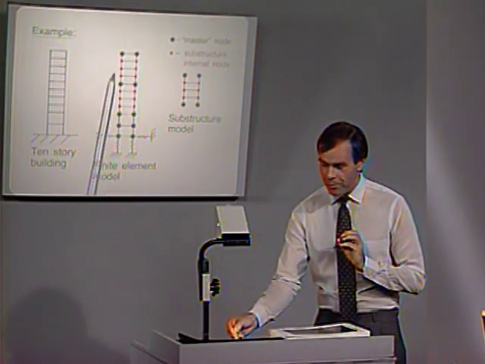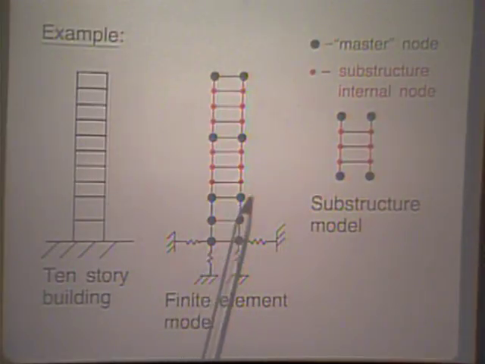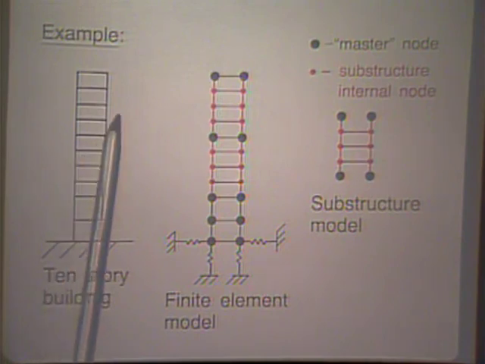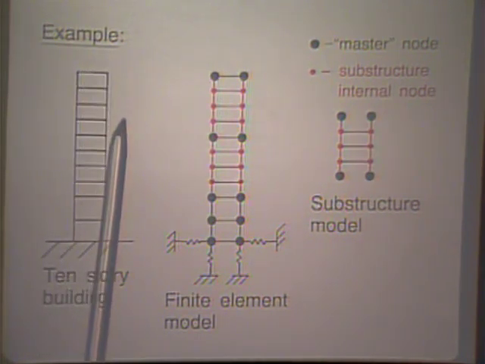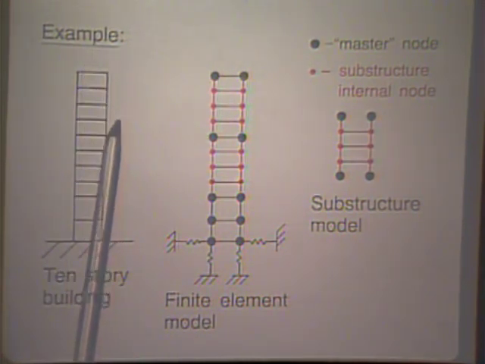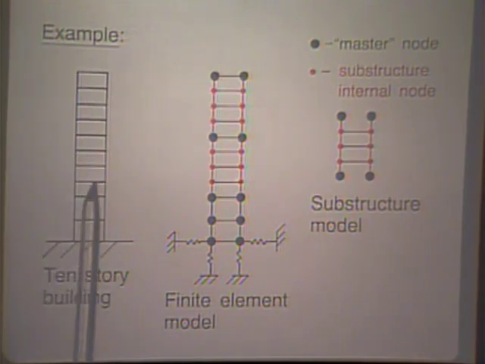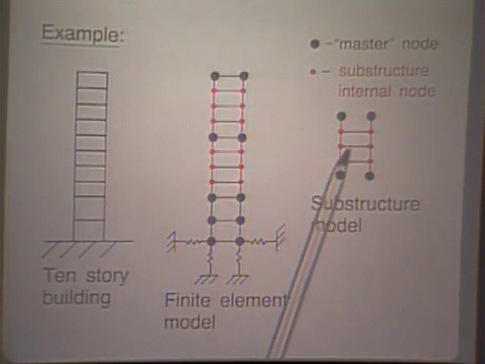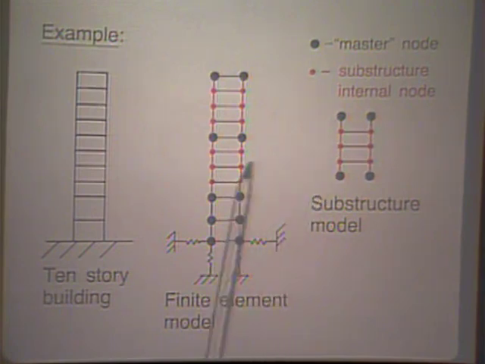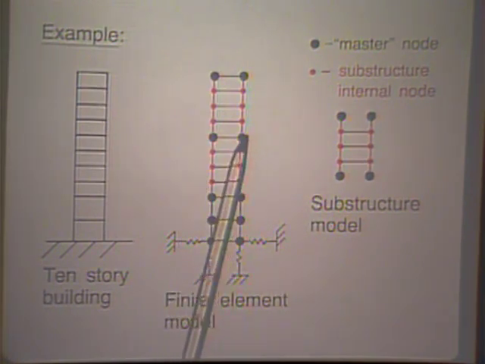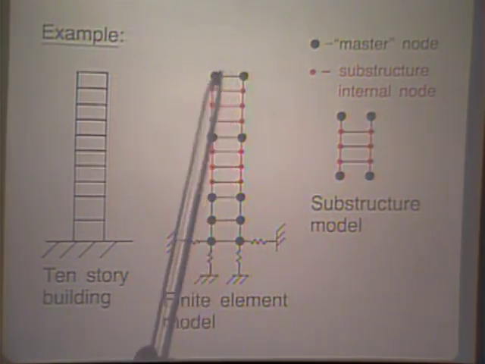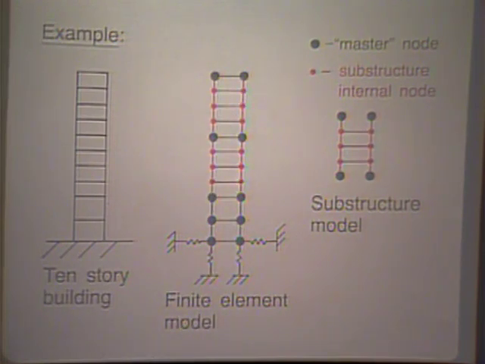In other words, this substructure here is identically equal to that substructure. This, of course, is the fact because of the particular design of this building. The upper stories look the same way as the lower stories. That's the reason why we can say this is one substructure model which can model this part of the structure and that part of the structure as well.